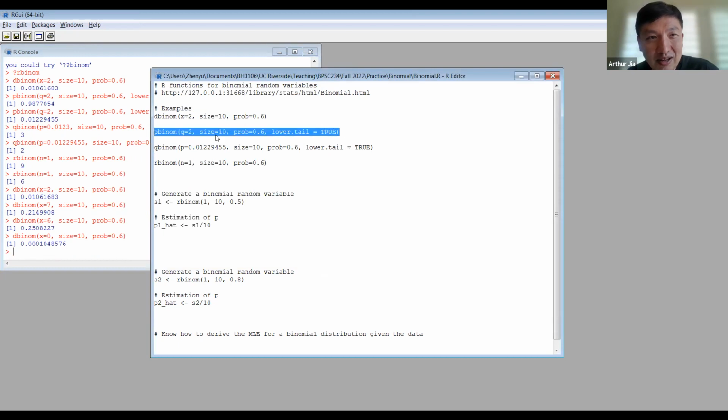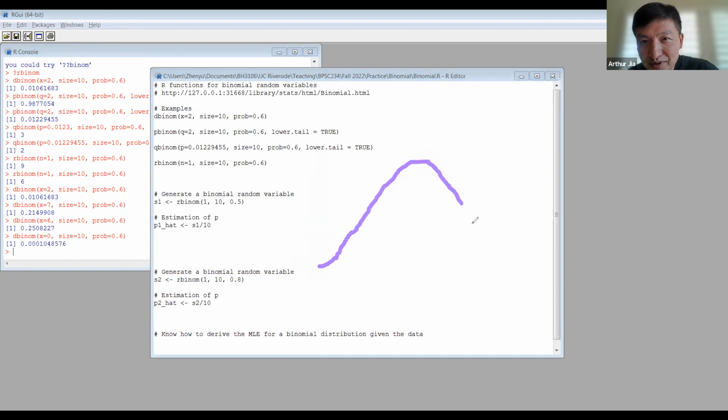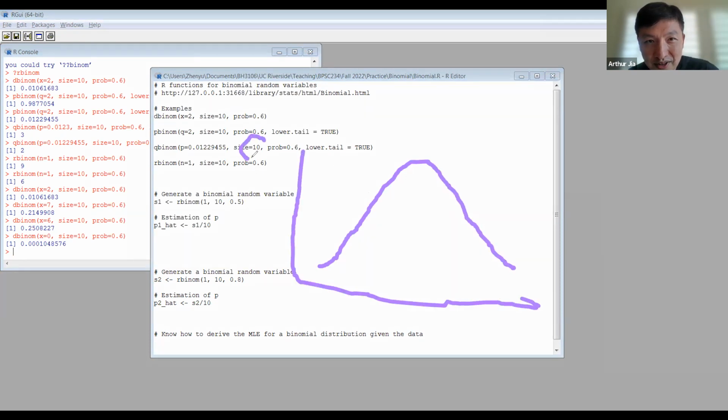Okay, now this pbinom means, let me show you. This is the distribution density function. This is the density function or probability, and this is based on p equals 0.6. So it's more likely to see 6 heads, right?